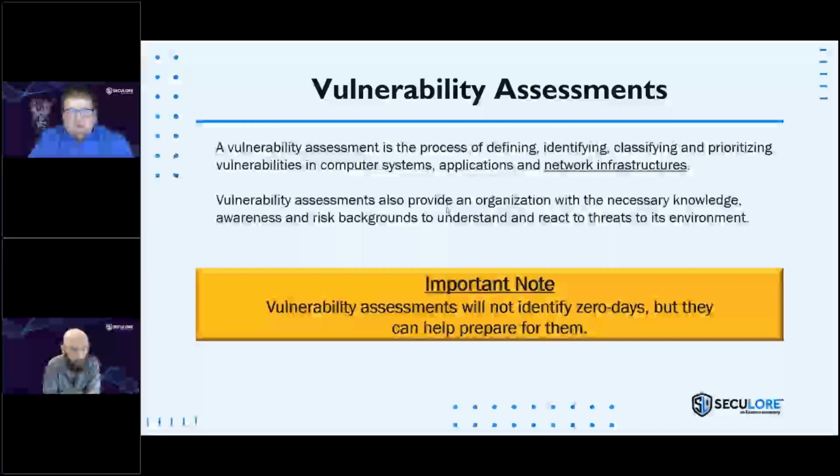And the assessment process for vulnerabilities, so identifying, defining, classifying vulnerabilities in systems. The important note here about vulnerability assessments, I think, is that they're not going to identify 0 days, but they can help prepare for them, Aaron. Yeah, and even further on this point, historically, the places that 0 days have been discovered, 4 or 5 months down the line, is through vulnerability assessments.